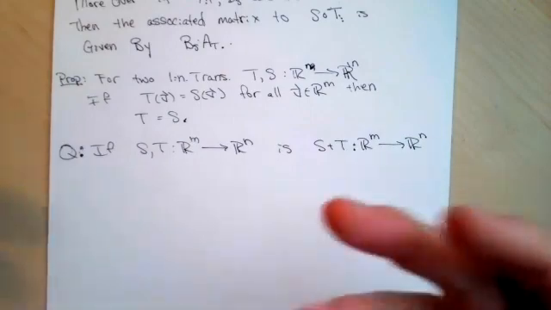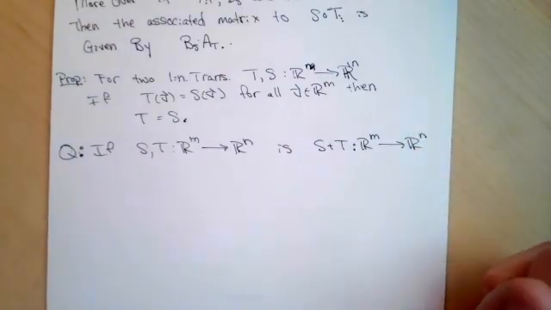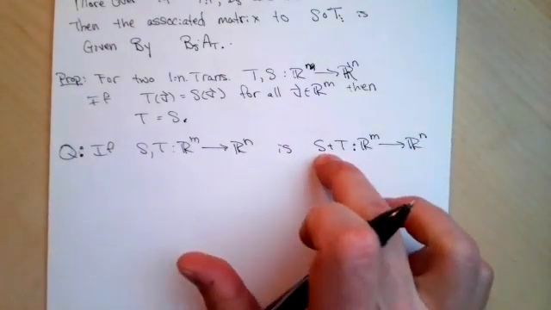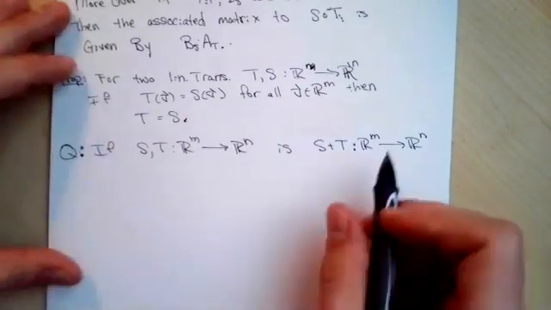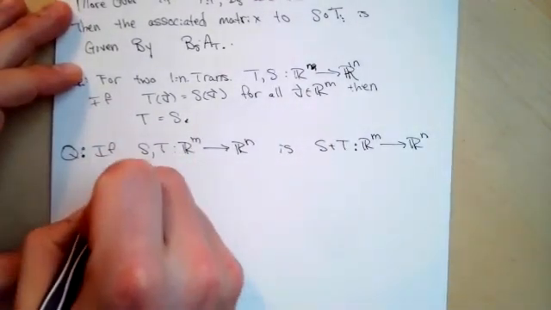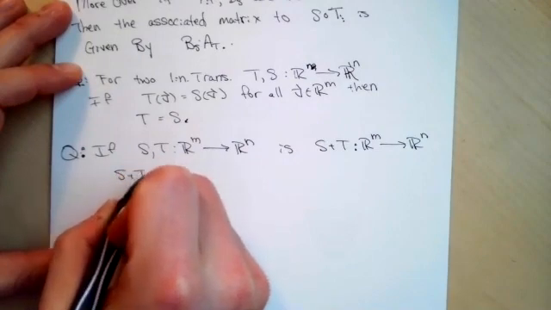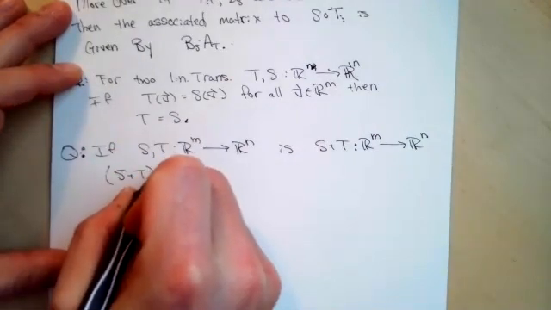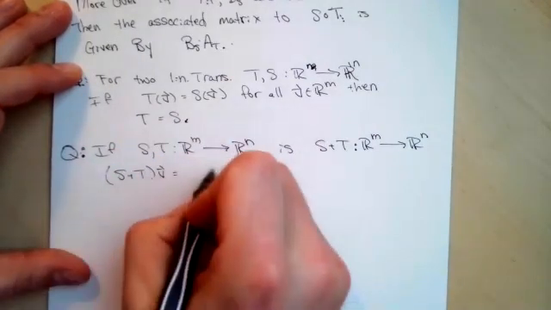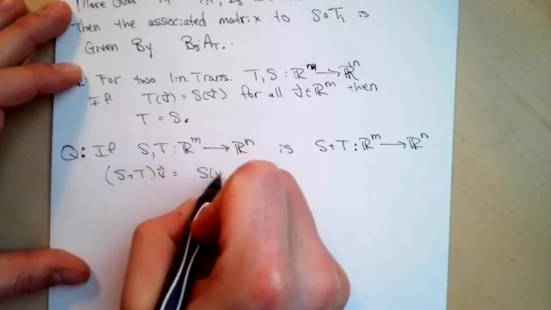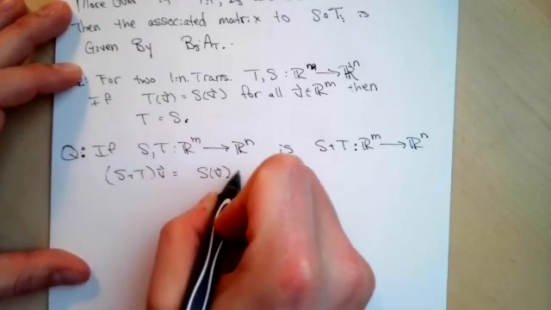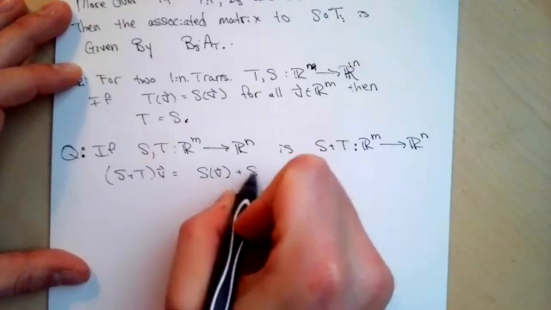Are we preserving this linear transformation property? Does this function still preserve linear combinations? And of course, the way this is defined, S plus T acting on a vector V would be: take S of V and then add T of V.